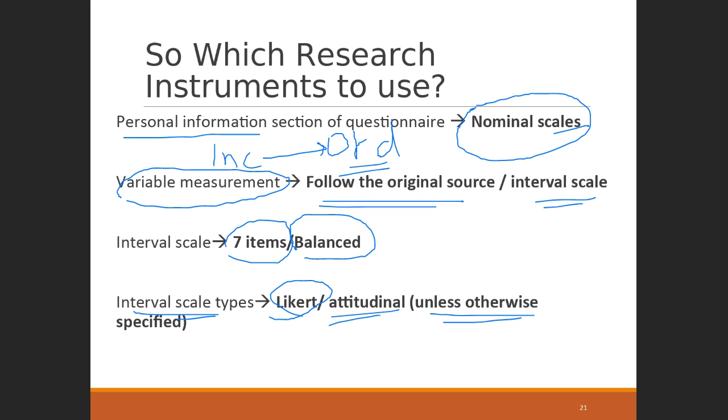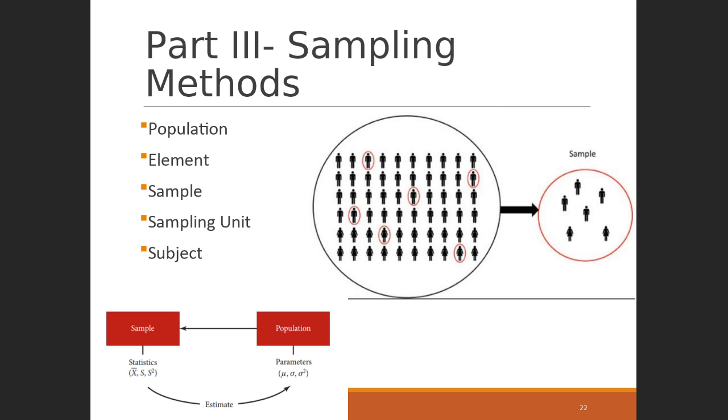Okay, so let me continue with the final section of today's session, which is about sampling methods. This is one of the most important decisions in your research project: how you will collect your sample, how you would collect your data, which sampling strategy you will be using.